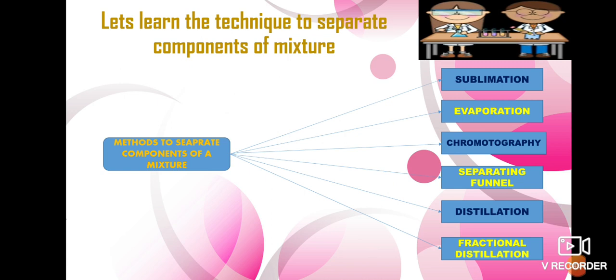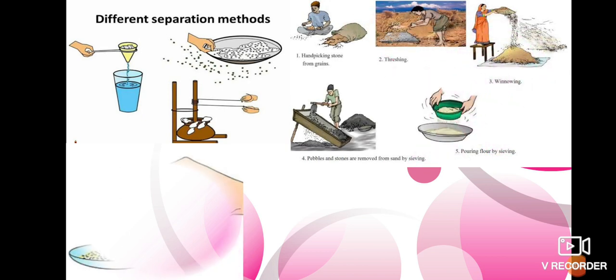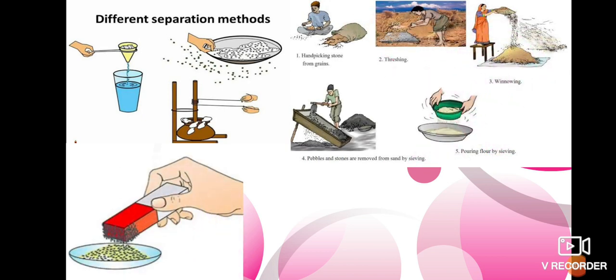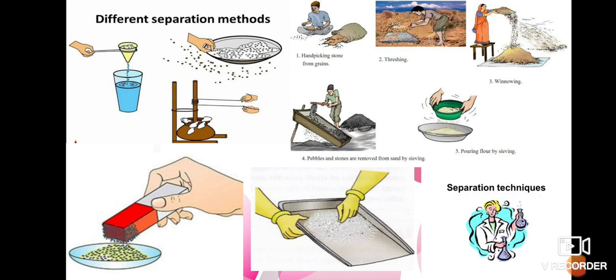Okay, let us learn. Here are some pictures of methods used to separate mixtures, and they happen in our daily life also. If you want to filter coffee or tea, we use the filtration method.